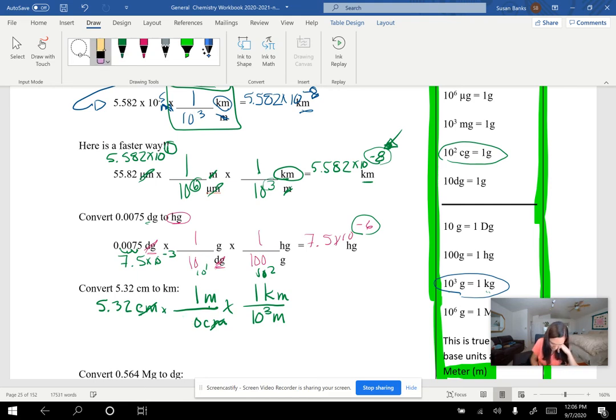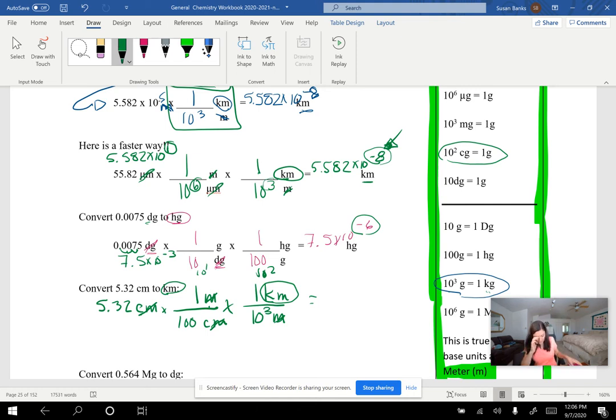So let's erase that 100 because it's really written so poorly. Okay, so this will take my meters and cancel my meter unit. I'm left with kilometers, which is exactly what I want for my unit. Okay, so I'm going to take 5.32 and I'm going to divide it by 100 because that 100 is on the bottom, so that means it's a divider. Then I'm going to also divide it by 1,000 or 10 to the 3 because it's also on the bottom.